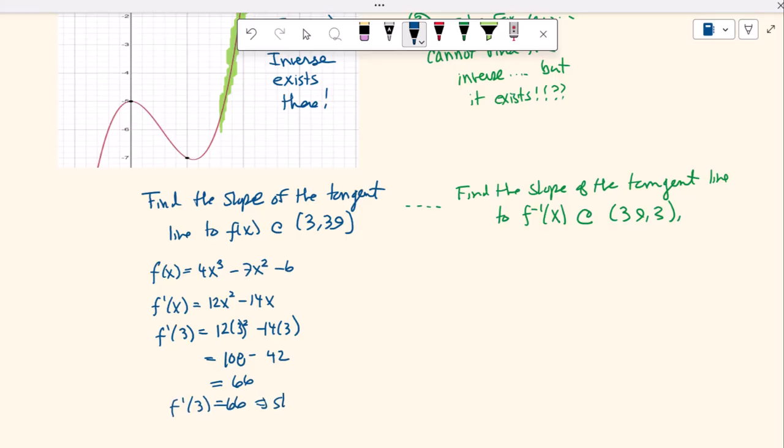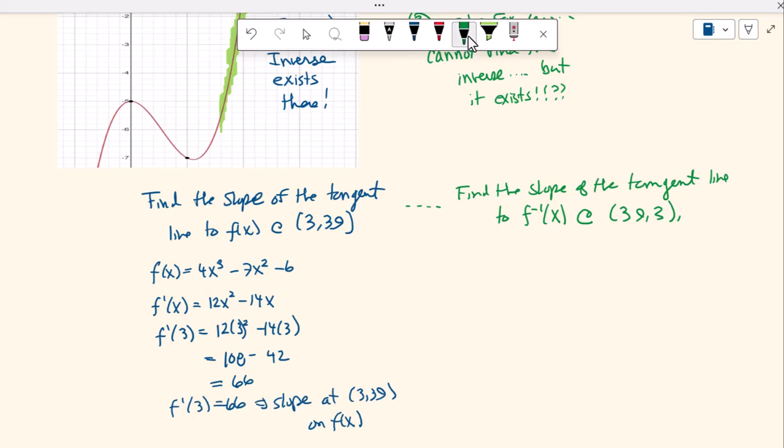This is the slope at (3, 39) on f of x. Well, we know our answer over here already.